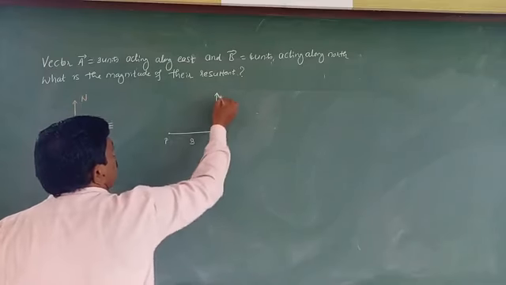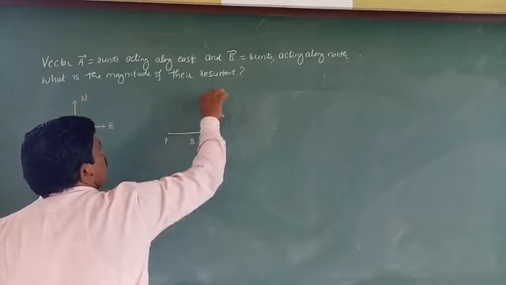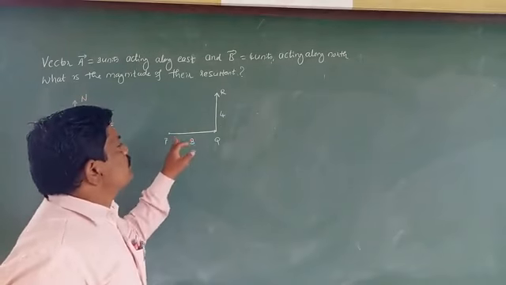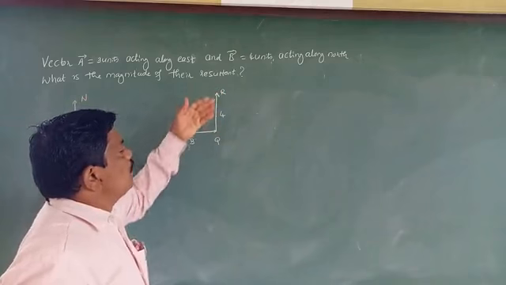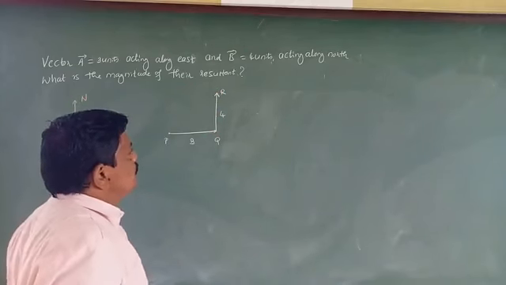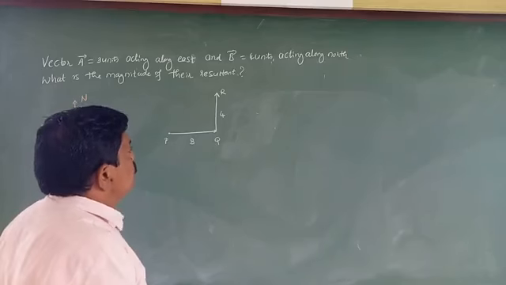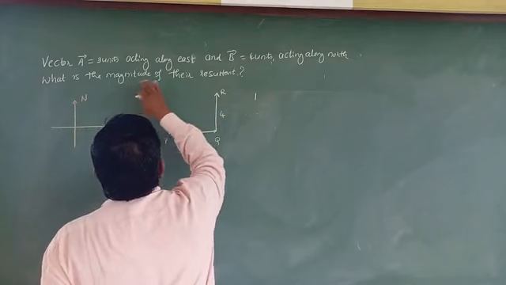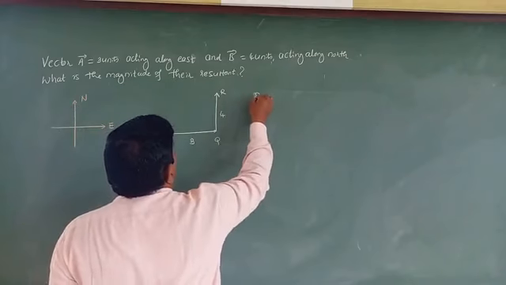This is the vector B. The angle between these two vectors, vector PQ and vector QR, is 90 degrees. What is the magnitude of the resultant?